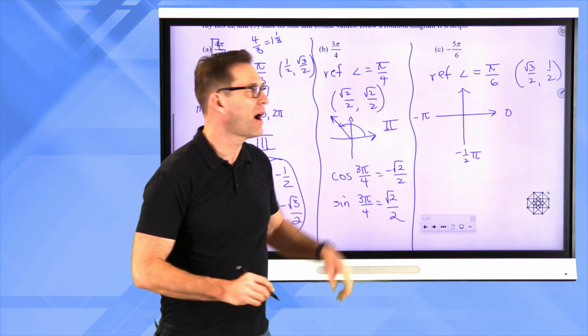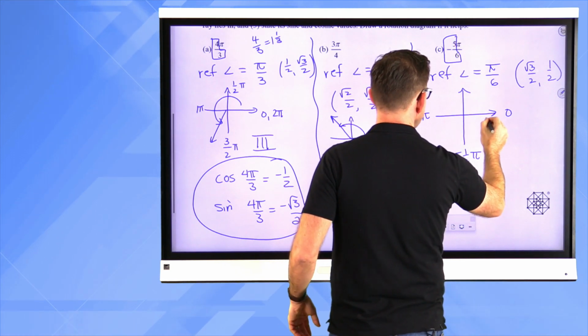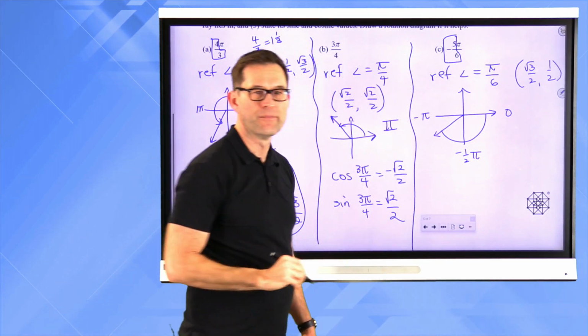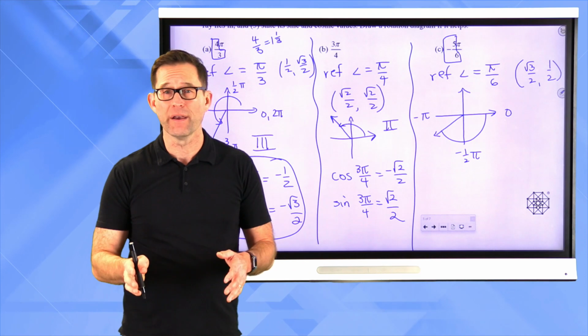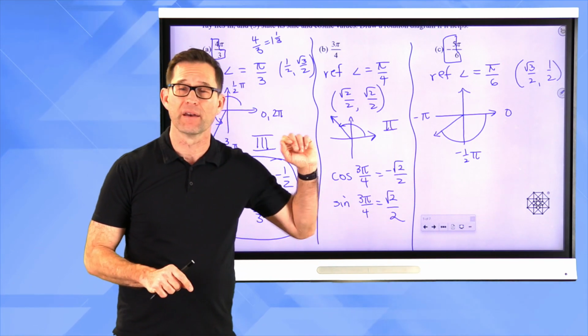Well, negative 5/6, this number, is going to be in the third quadrant, right? Because 5/6 is between 1/2 and 1. Negative 5/6 will be between negative 1/2 and negative 1.